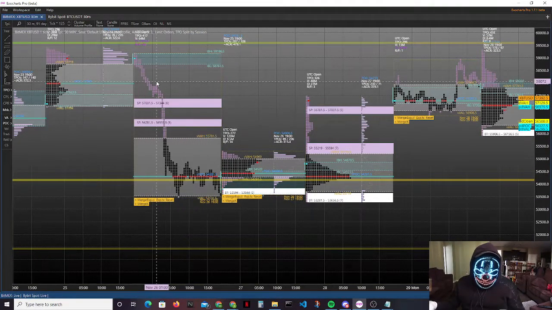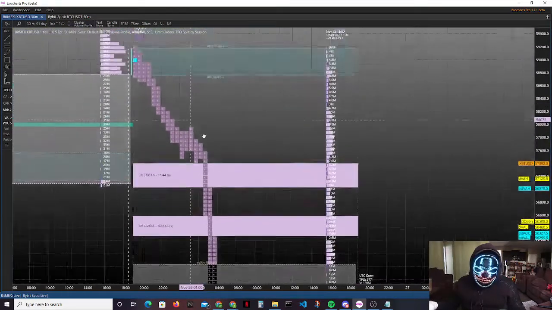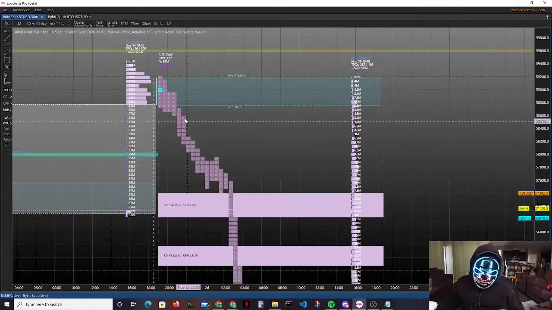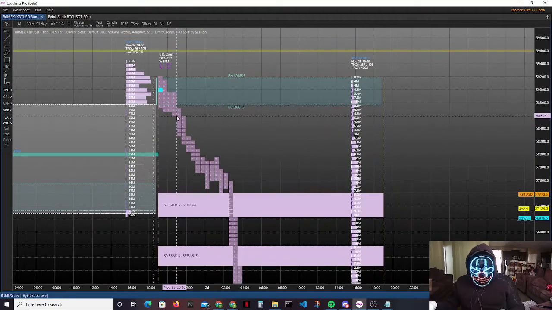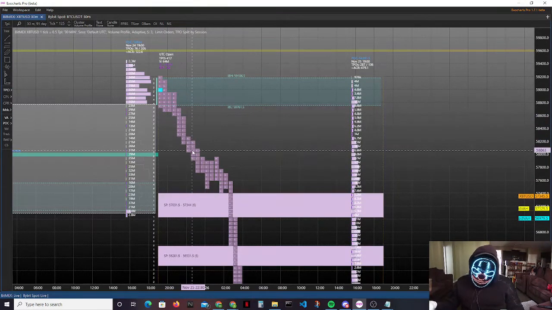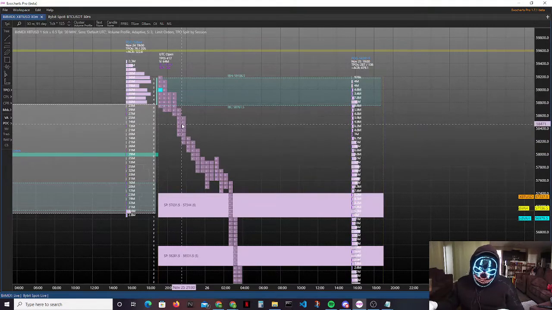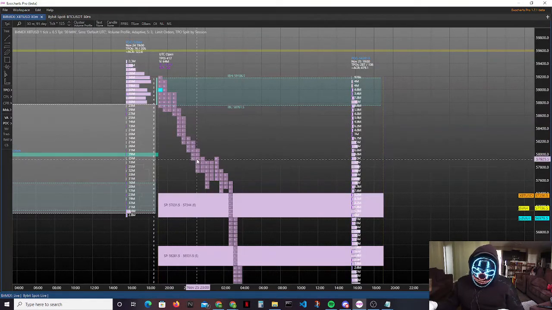Yep, there it is. This is something that also usually happens whenever we get one time framing. 1, 2, 3, 4, and then it continues 5, 6, and it's just consistently going down. When you see this, hey, you might want to hop into that. I wouldn't be long in here. Definitely would not be long in here.